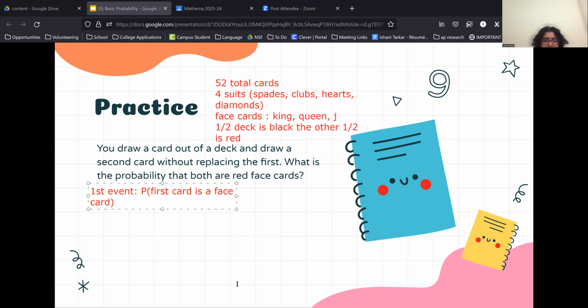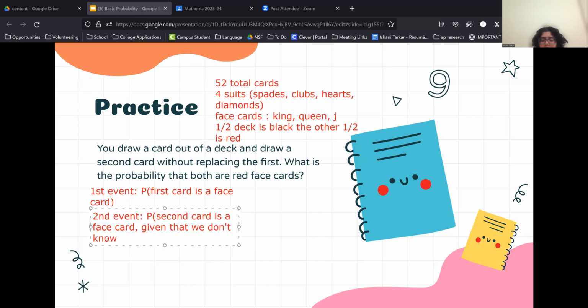The second event is the probability that the second card pulled is a face card, given that we know a face card has been pulled out in the first event.